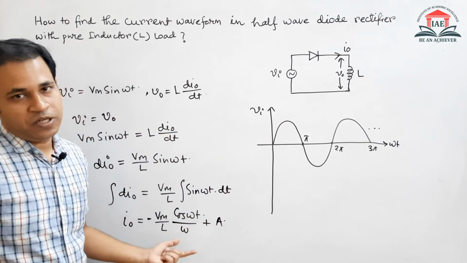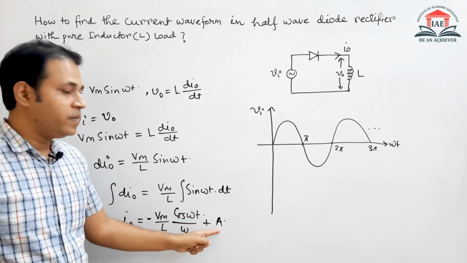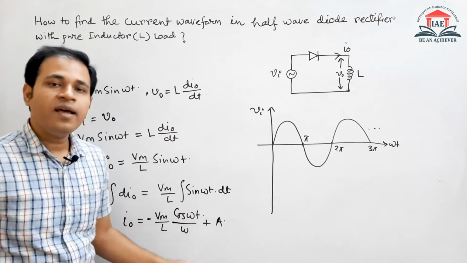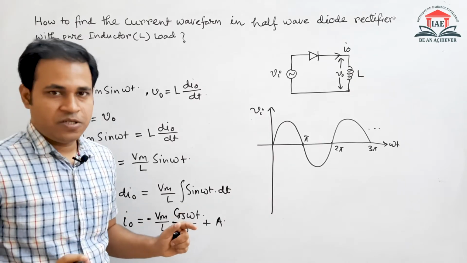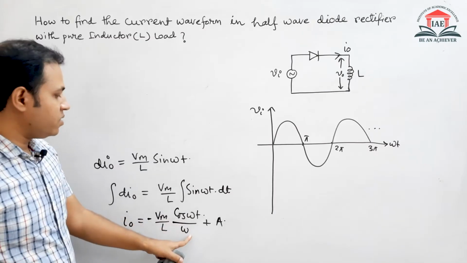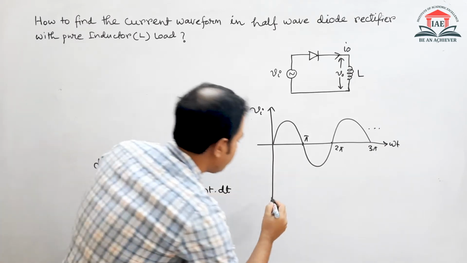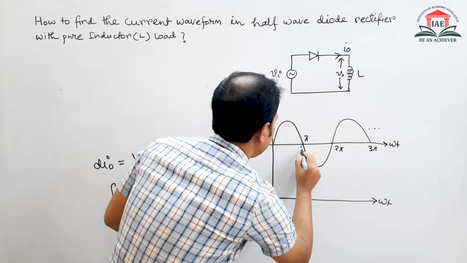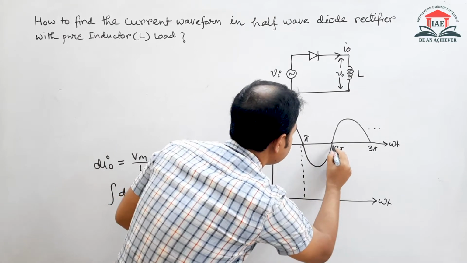Now from this expression, we have to find out the value of the integration constant. Then we will put the value of a here, then we will find the complete expression. Let us mark the zero crossing points first.